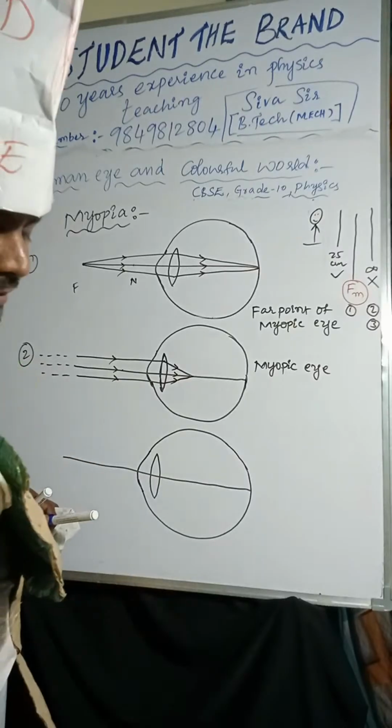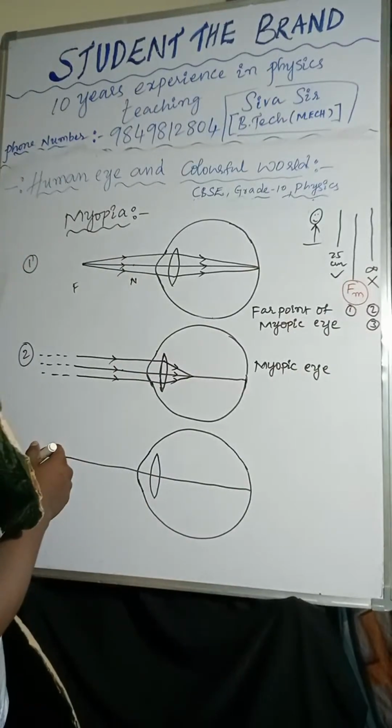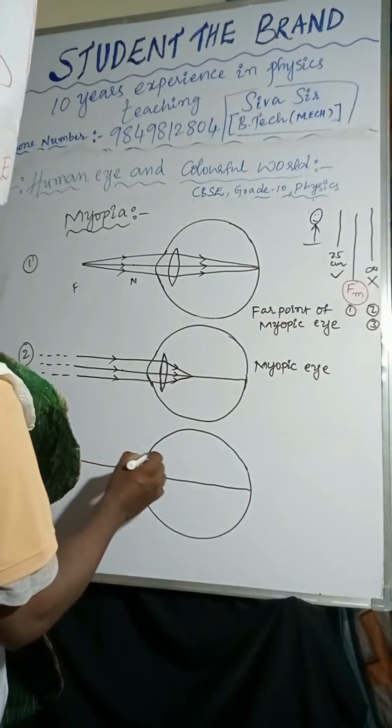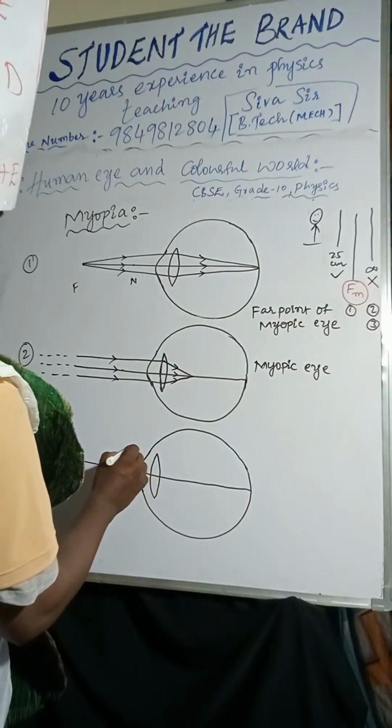Now I'm drawing lines. Which lens are we using? Concave lens.